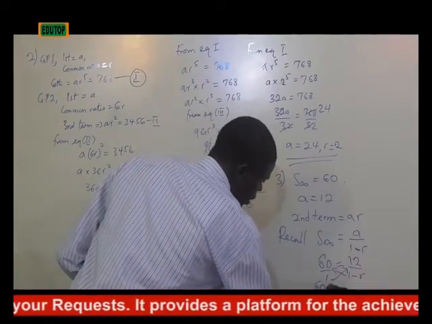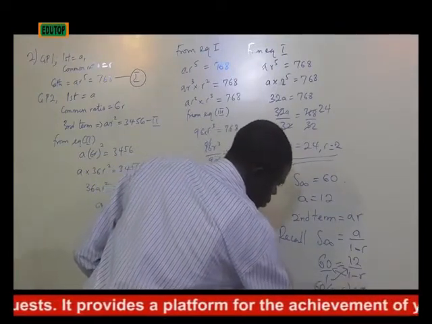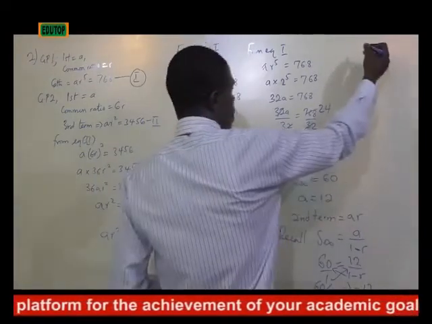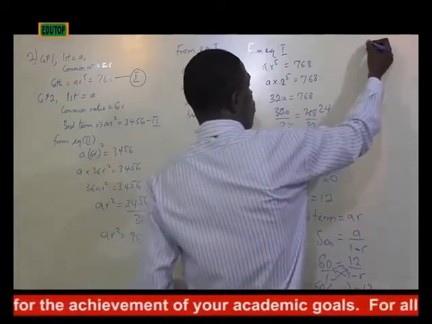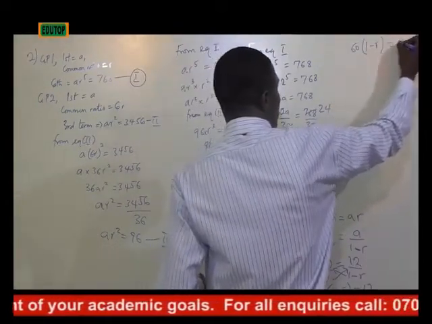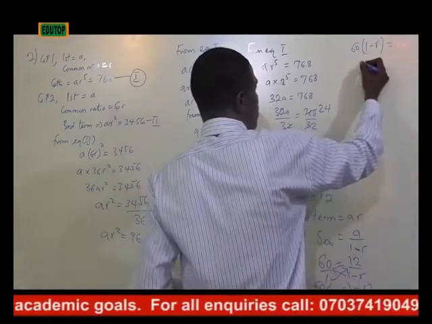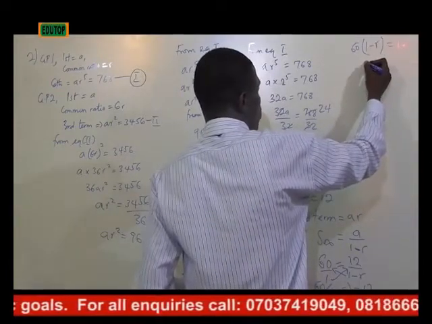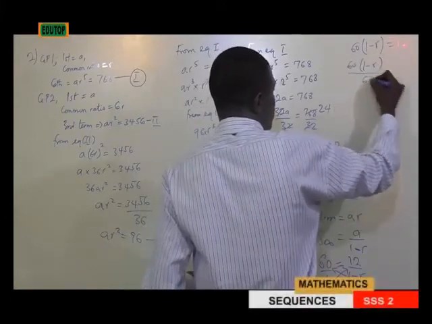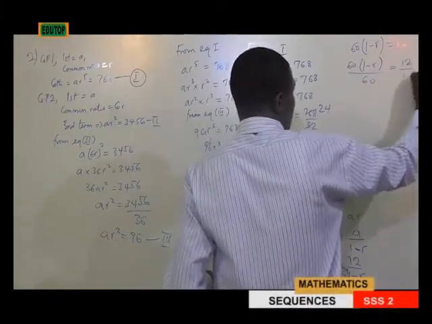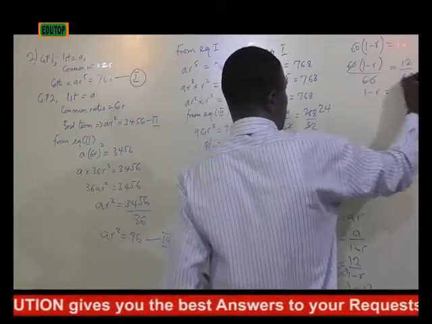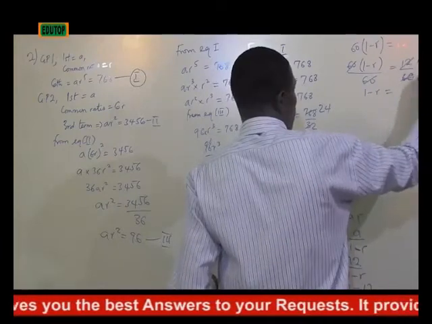we have 60 times 1 minus R, which is equal to 12 times 1, which is 12. We divide both sides by 60. So when we divide both sides by 60, we have 1 minus R, and we divide 12 by 60, which gives 1 over 5.